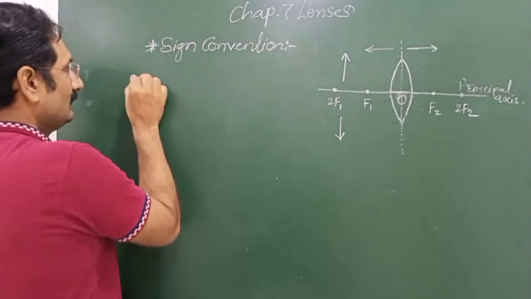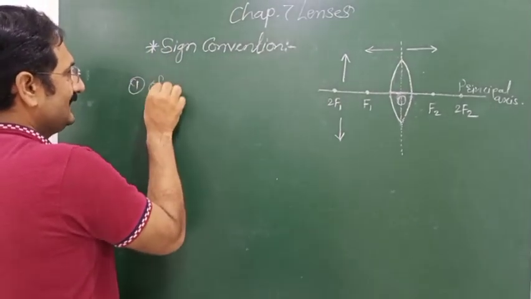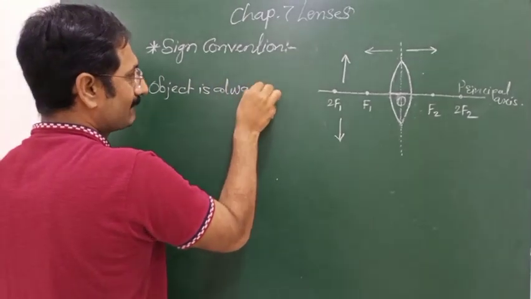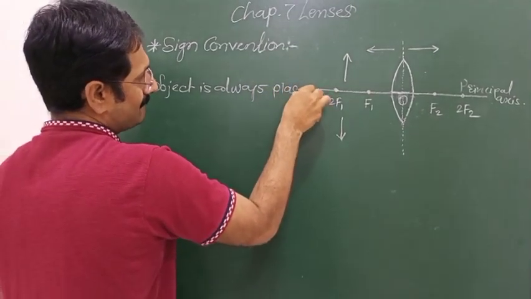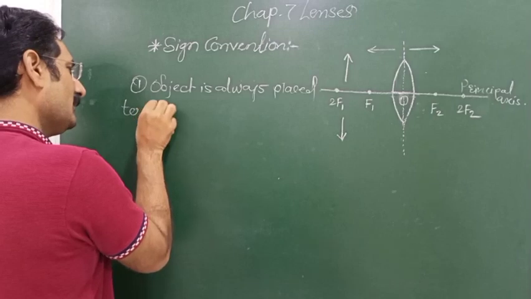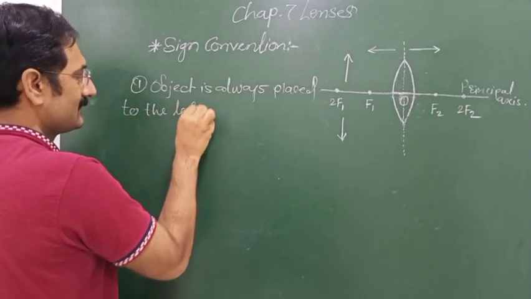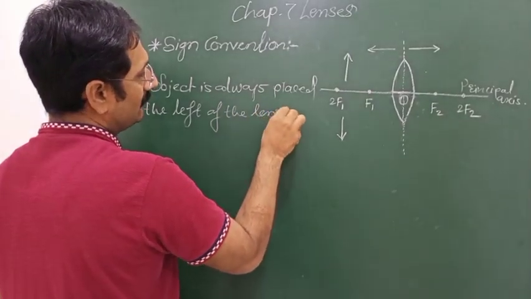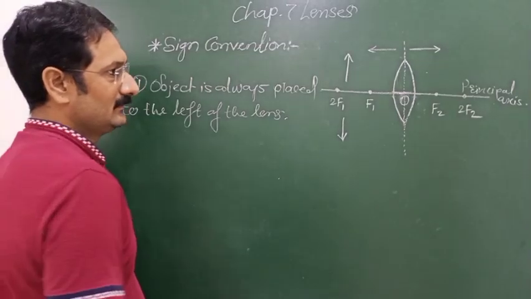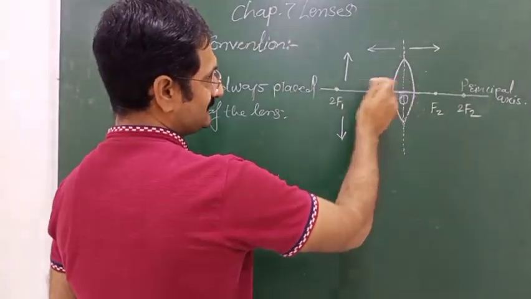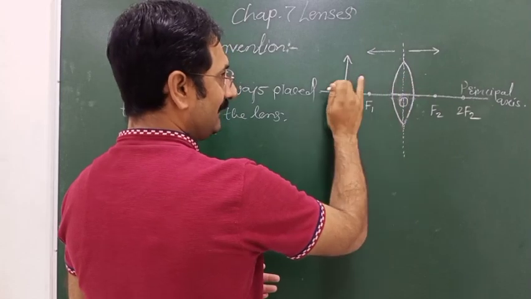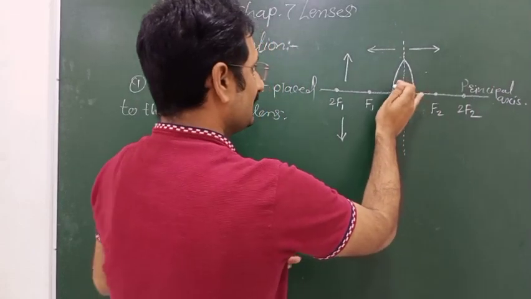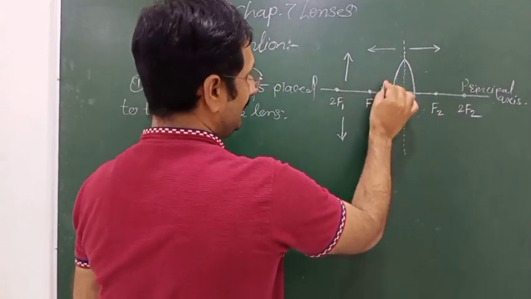The first thing is that the object is always placed to the left of the lens or origin. One of the criteria is fixed here: the object is placed on the left side of the lens, not on this side. It is always in front of the lens, that is, on the LHS.